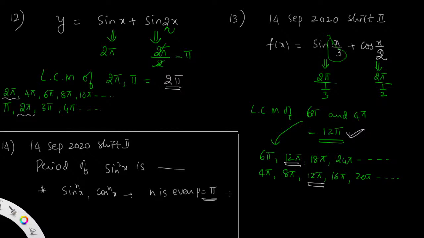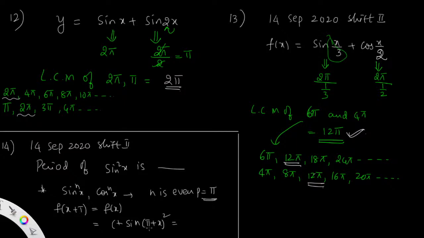Or else substitute as f of x plus t equal to f of x. Any value you can substitute. In the place of t you can substitute pi: sine of pi plus x whole square.